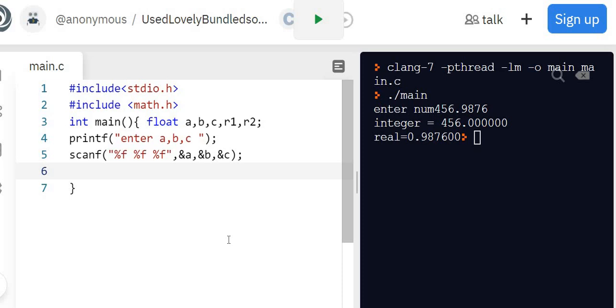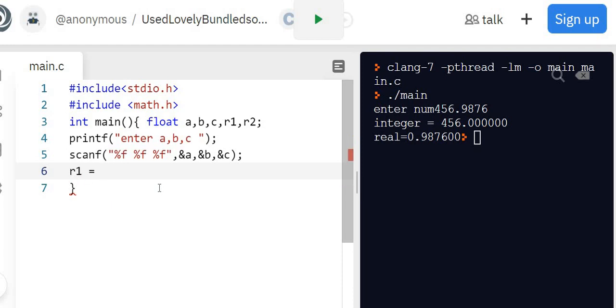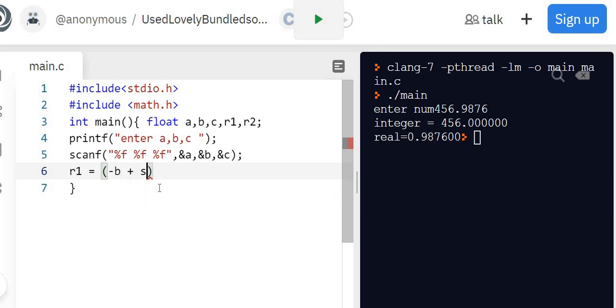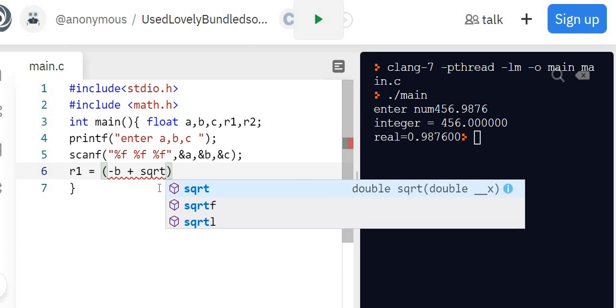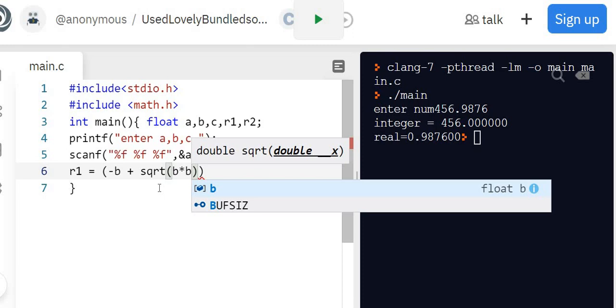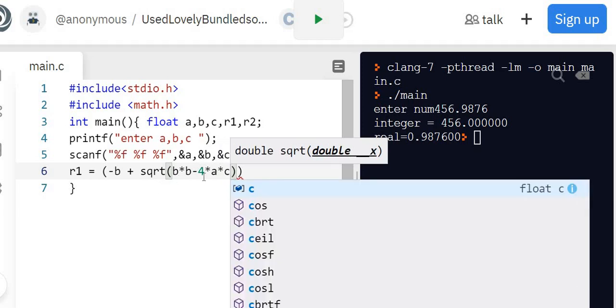So equation will be root 1 equal to bracket minus b plus sqrt, again bracket b star b for b square minus 4 star a star c, so 4ac.